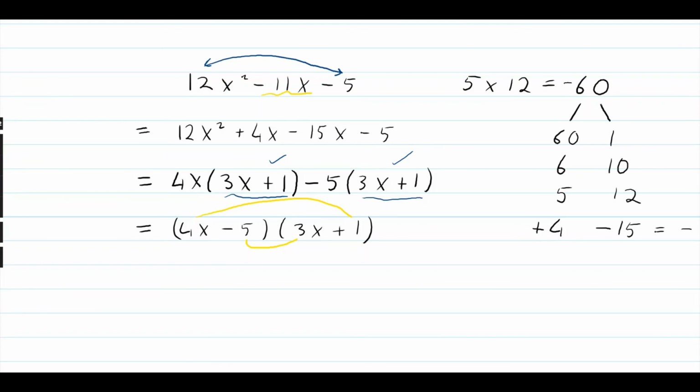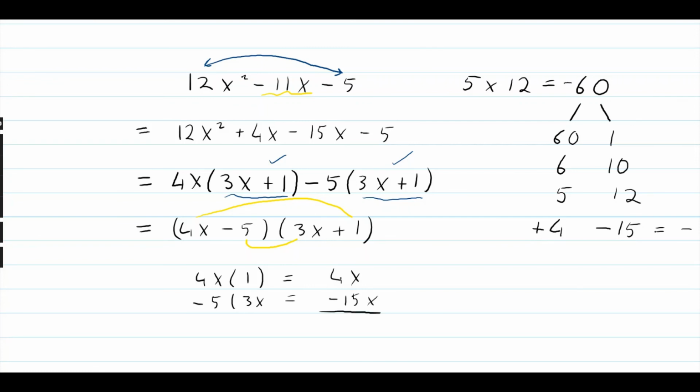So if we just check that, 4x by 1 and then minus 5 by 3x. Calculate the two of them, you get 4x, and then you get minus 15x.